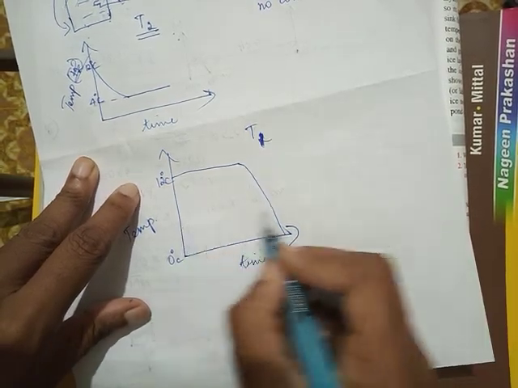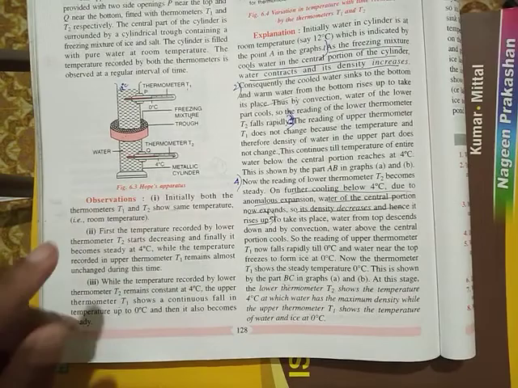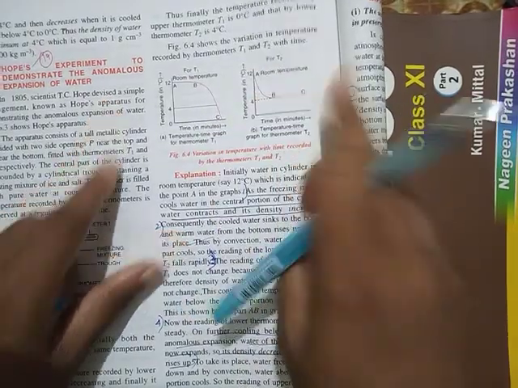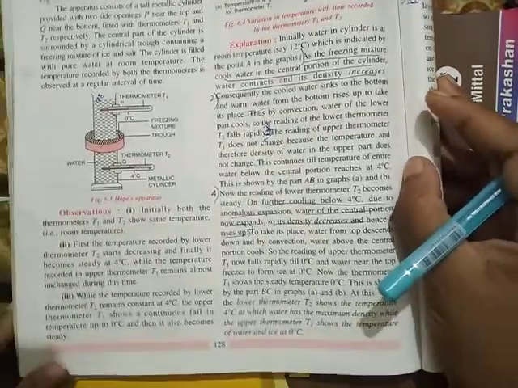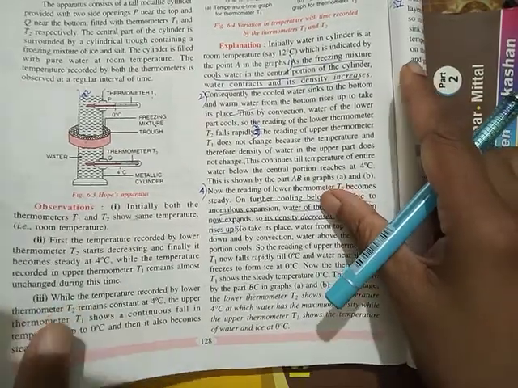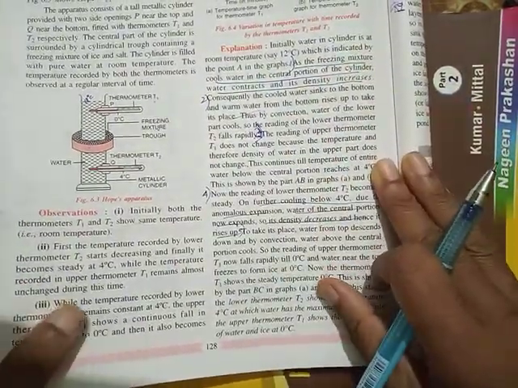It will not stop at 4, it will fall till 0 degrees Celsius. So that's why you have a graph here. For T1, you will have a graph like this. For T2, like this. Okay, children, I hope you understood this, and try to read through it. You will understand Hope's experiment.